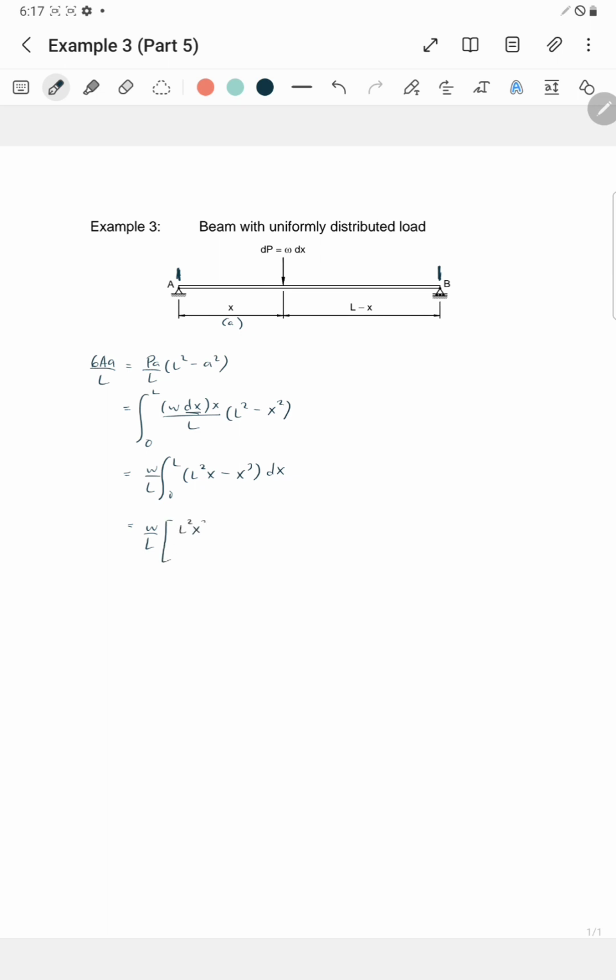L square x square over 2 minus x4 over 4, limits from 0 to L. So substitute the limits. So L, substitute natin sa x. So magiging L square over 2, or simply L raised to 4 over 2. Then minus L, substitute for x. So L raised to 4 over 4. And then 0, substitute sa x. Okay. Then simplify. WL cube over 4. So yan ang ating formula for 6A over L for uniformly distributed load.